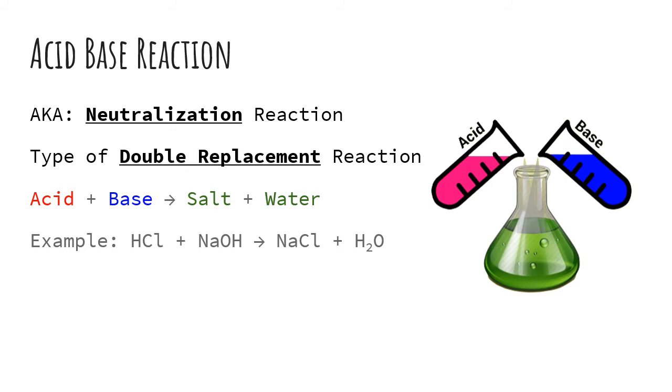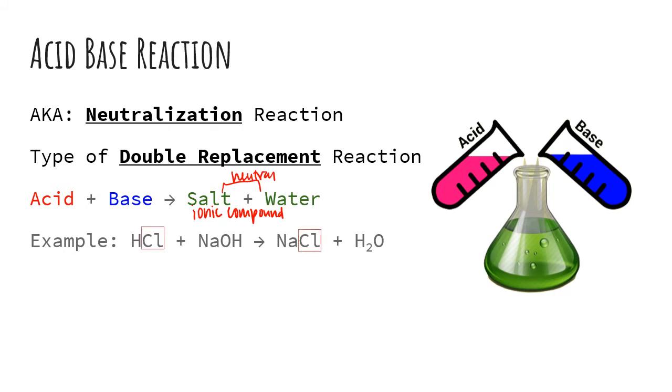So if you remember back to our reference table that has all the different types of chemical reactions, if you look under double replacement, the second one says acid-base reaction. So an acid and a base are always going to combine together to create a salt, which if we remember, salt is just another word for ionic compound, and water, both of which are neutral.